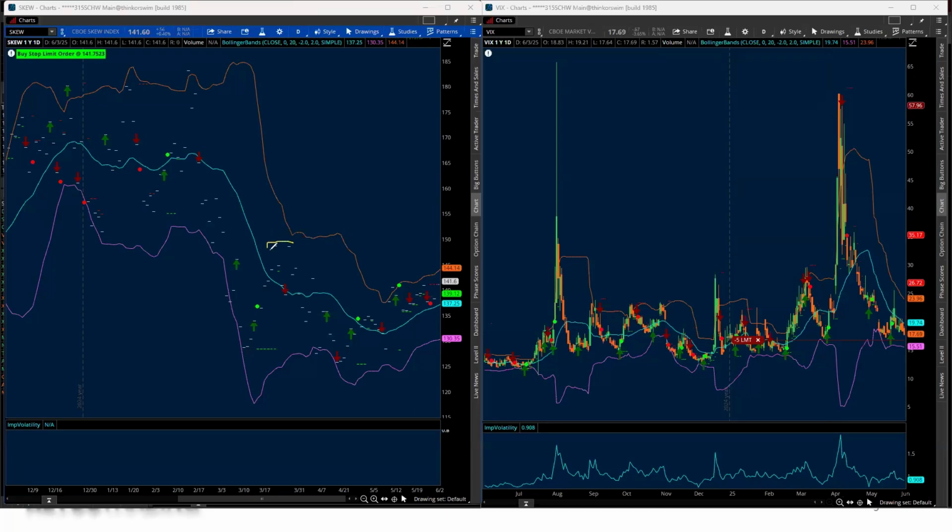Here we have a skew up around 150, and that was starting around March 25th. If we go to that time period over on the VIX chart, what do we see? We see, while skew is high, the VIX is low. In fact, it was bottoming on the 25th when the skew index was peaking.